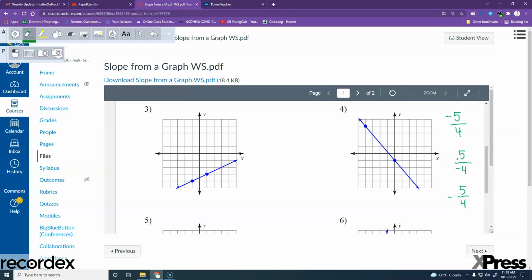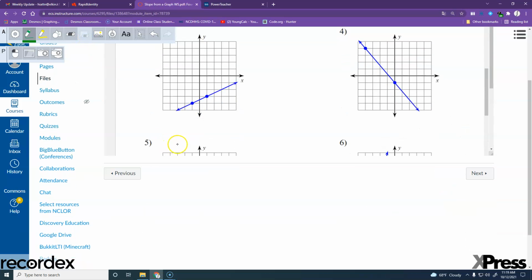So when you have a negative, you can put it in the top or the bottom or out front. Answer choice-wise, it's usually written with that negative out front, but you can put it in either place. You just can't put the negative in both places here. Okay? Questions on 4? Okay.